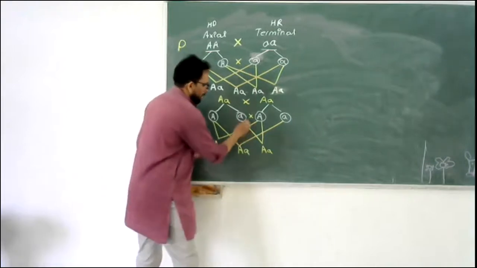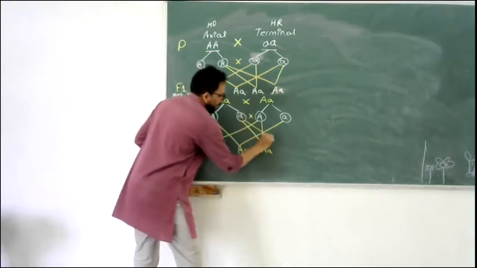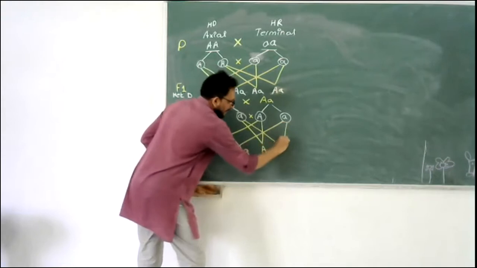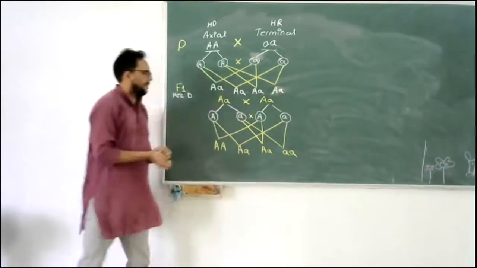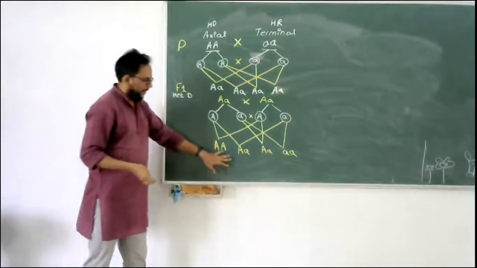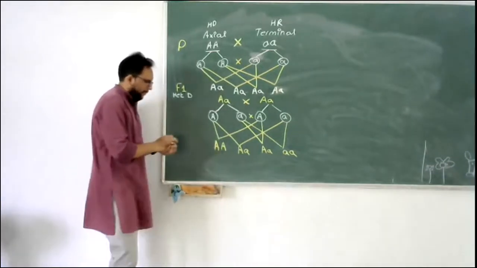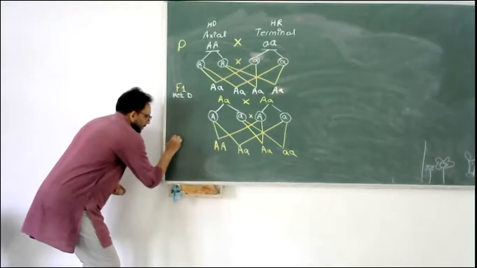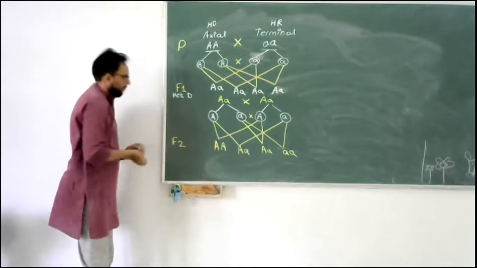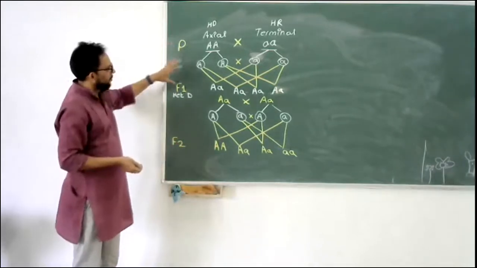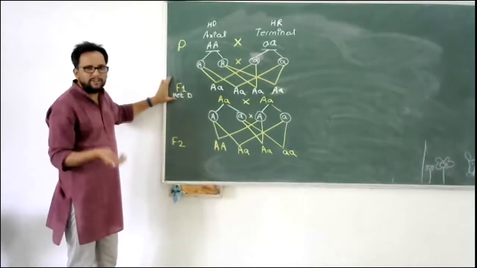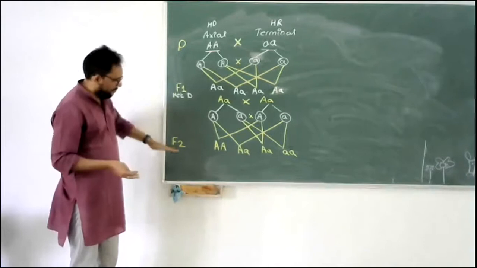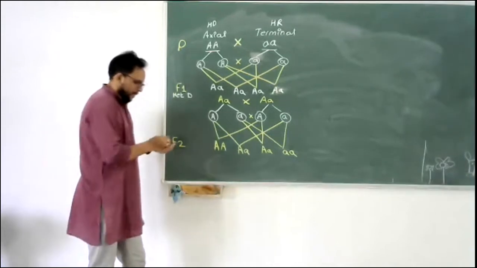And the last possible combination of this gamete of the first parent with the second gamete is both small alleles. Now, this is called the F2 generation. The parents fused, their offspring were the F1 generation. The F1 generation crossed with itself will produce the F2 generation.